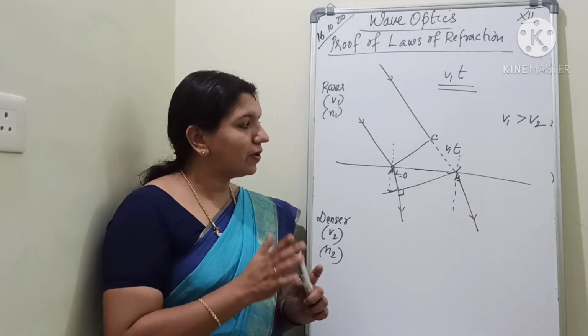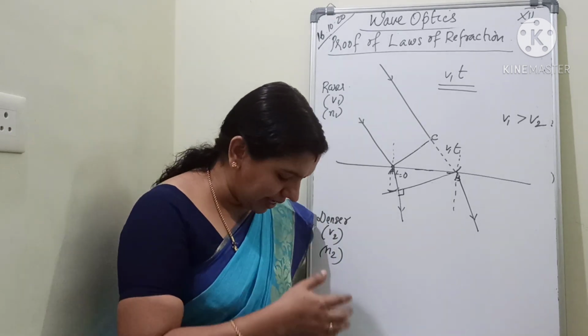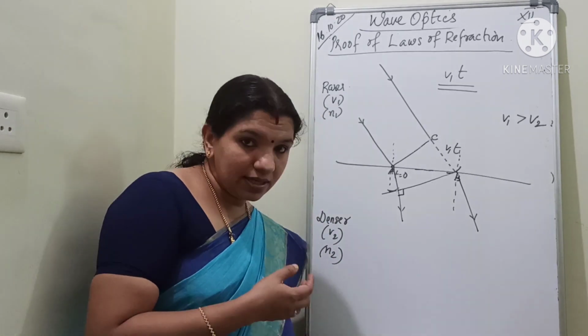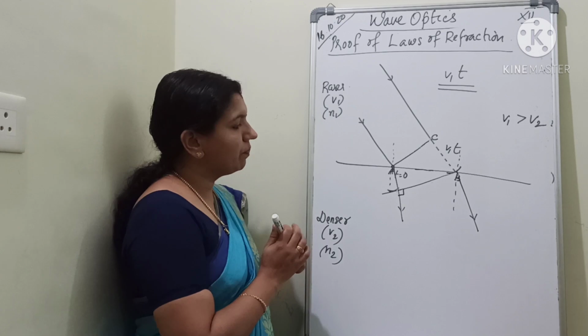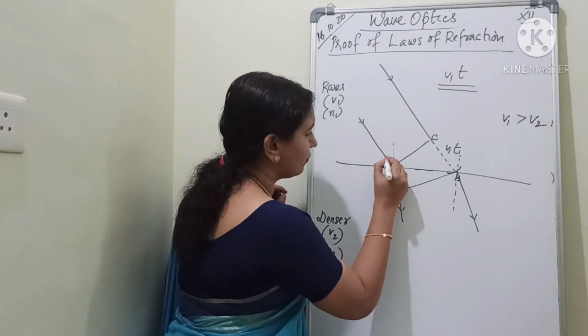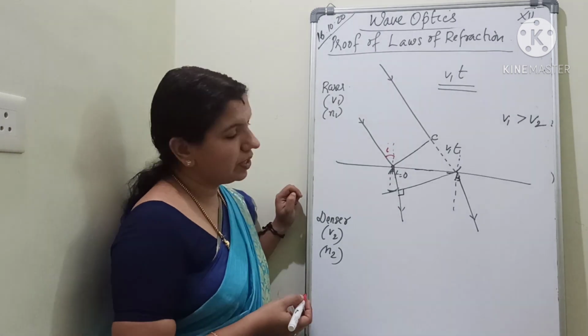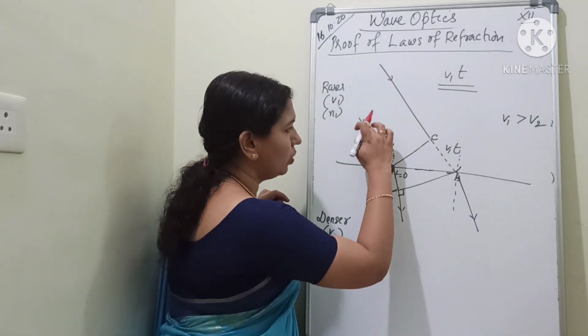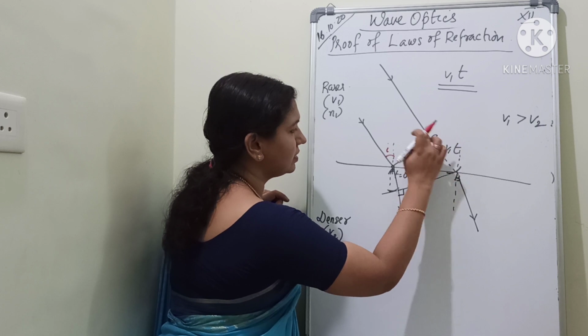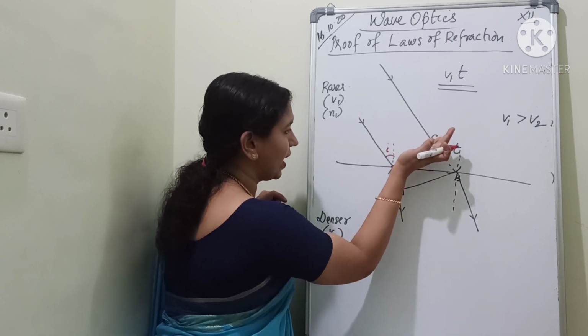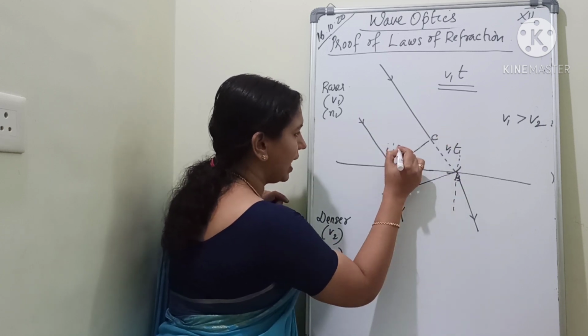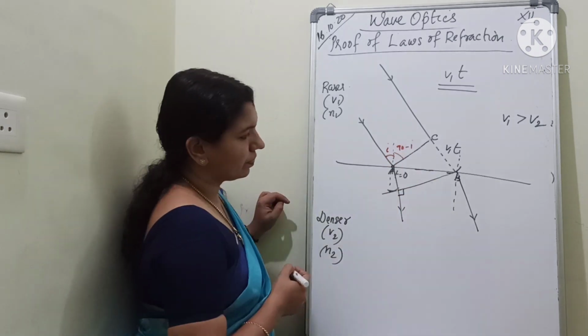Now we are moving to find the angles, the same way as in the last proof. Listen carefully. This is the angle of incidence, and you know this is 90 degrees, isn't it? This is 90 degrees because this is the wavefront. So this will be 90 minus i.